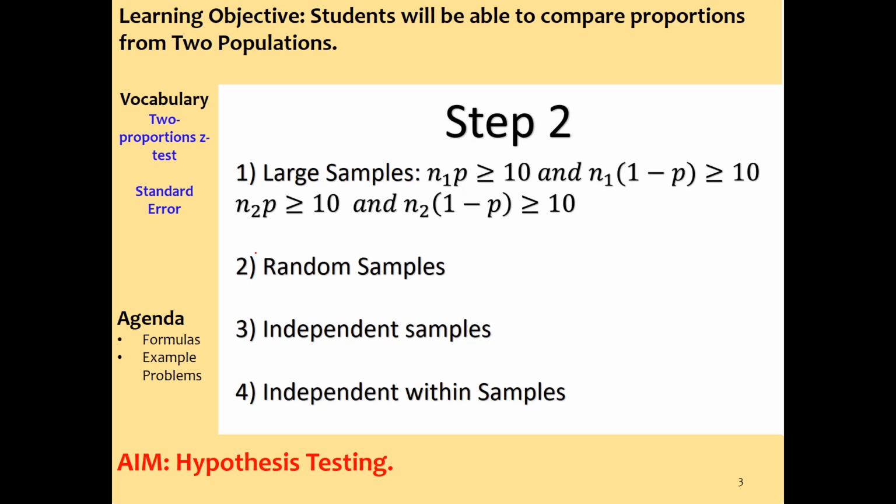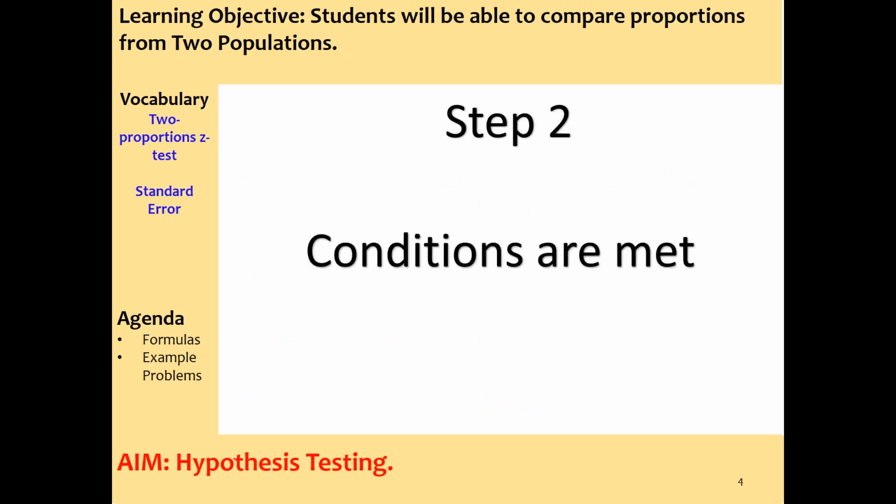And then we have to make sure it's random, independent, and also independent within the samples. So the samples, for example, 2002 and 2009, are independent of each other. We're not asking the same people. It's a different survey altogether. And in the question we even say that the conditions are met. So for step two, we're good.